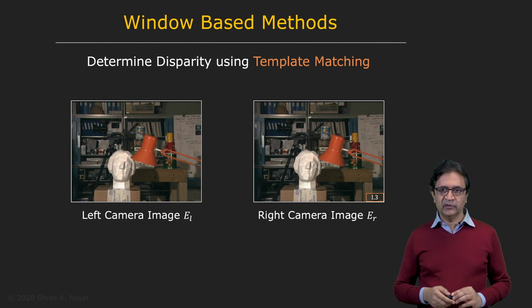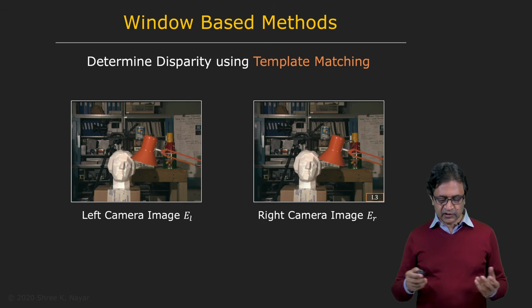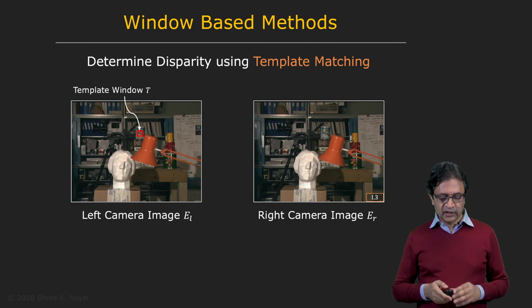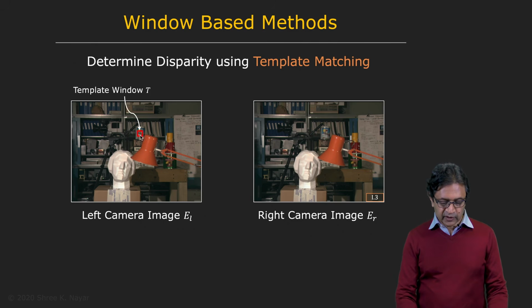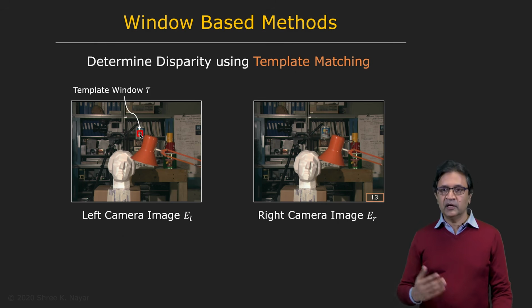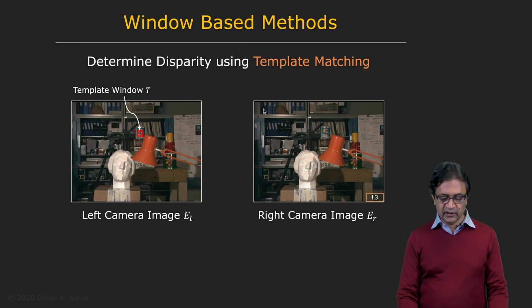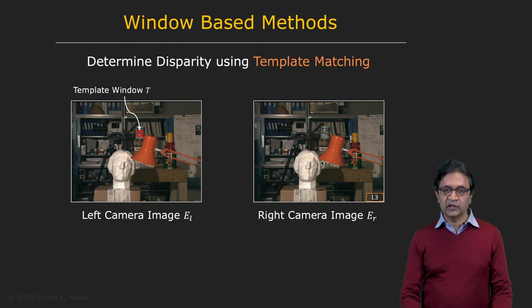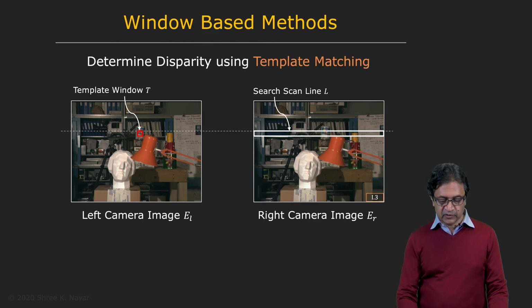Okay, so now we can develop a method for finding these correspondences. This is called stereo matching once again. So let's say you take a little window in the image, your left image, and we can essentially apply template matching. But when we apply template matching, we don't need to look for the corresponding point in the entire image. We know that we have scanline correspondence. We know that the corresponding point to this point in the right image must lie on the same horizontal scan line.